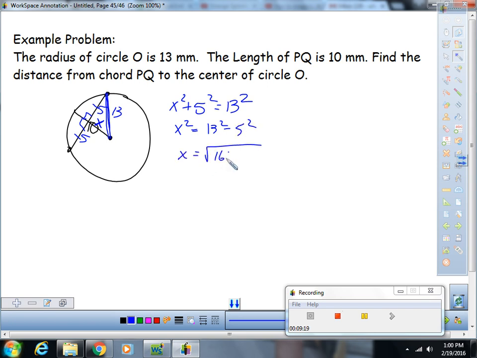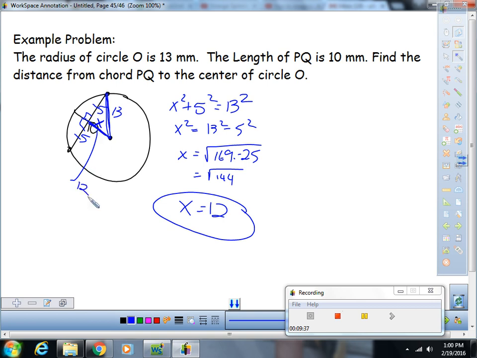So x is the square root of 169 minus 25, which is the square root of 144. x is 12. So this chord is said to be, from here to here, 12 units from the center. Can I get a boom, study hall? Boom!